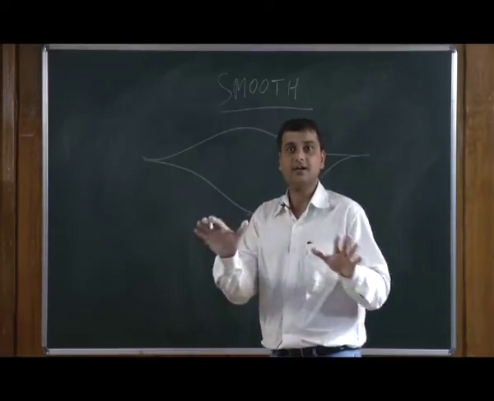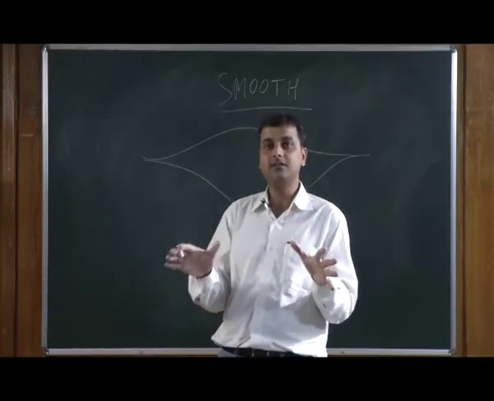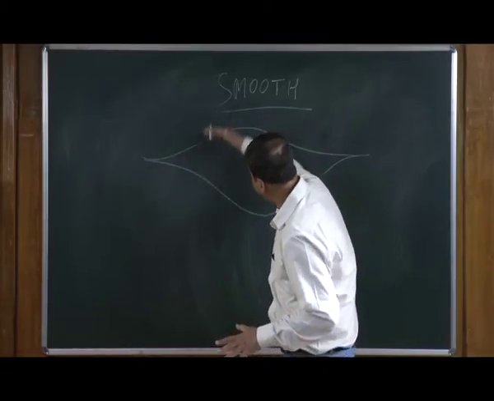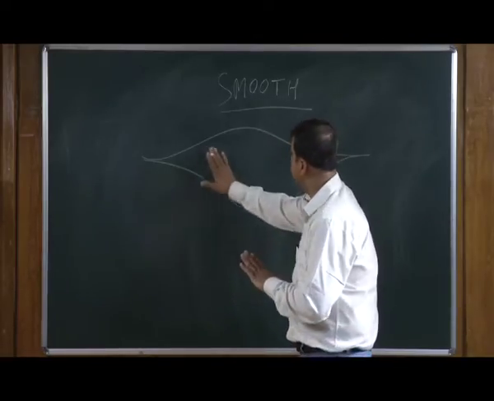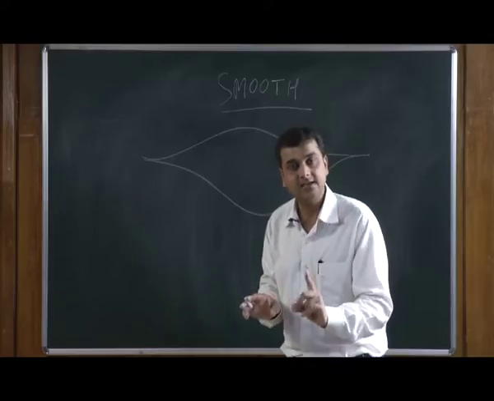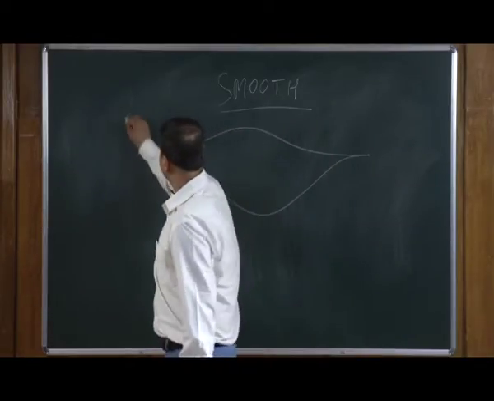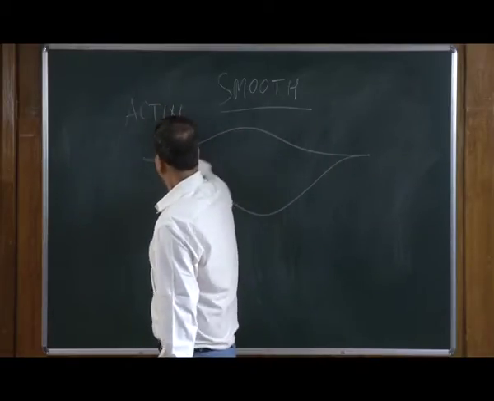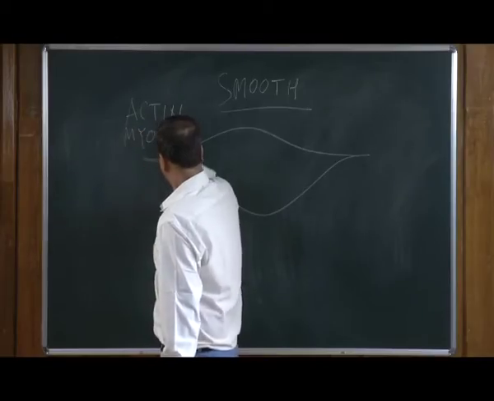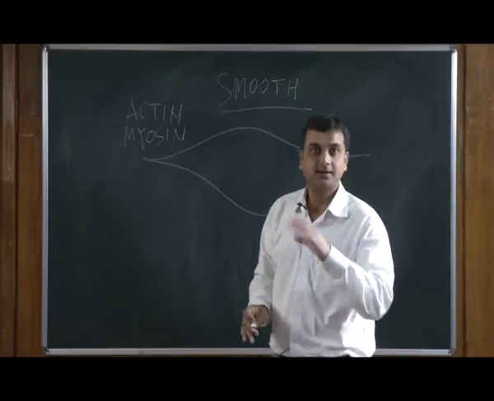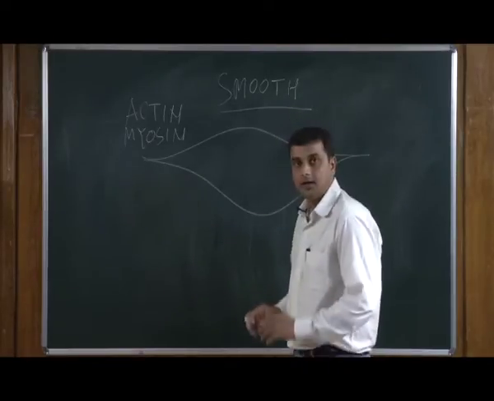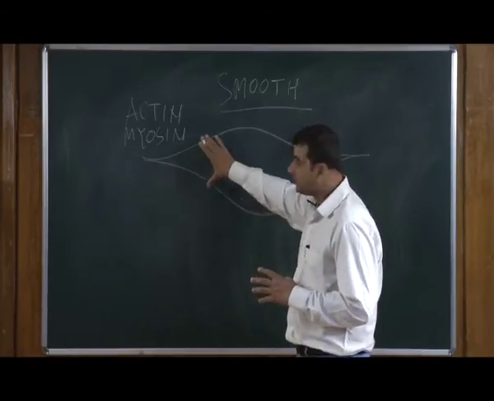Striations are absent here, and because of this they do not give the banding pattern that we discussed in the skeletal muscle. So, there is no banding pattern. Of course, there are actin and myosin filaments. We have actin and myosin filaments here also, but there are no such striations in this fiber. That is why they are called smooth.